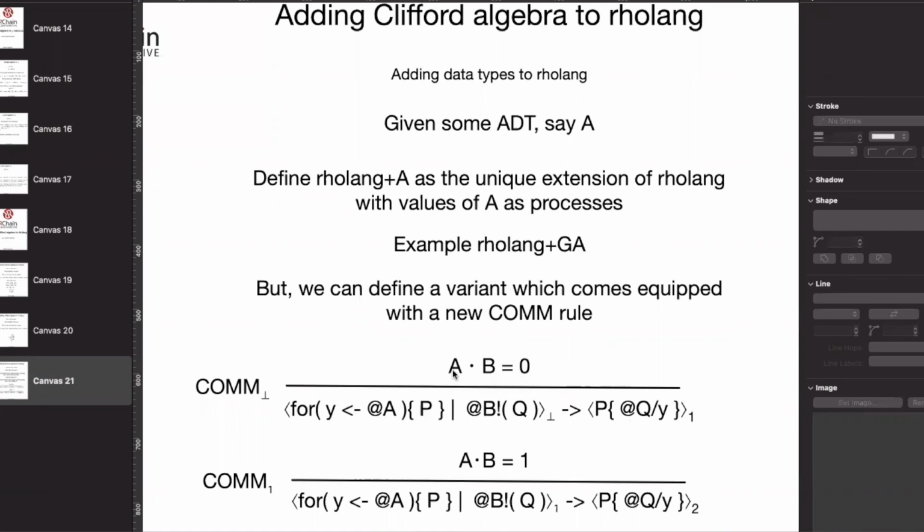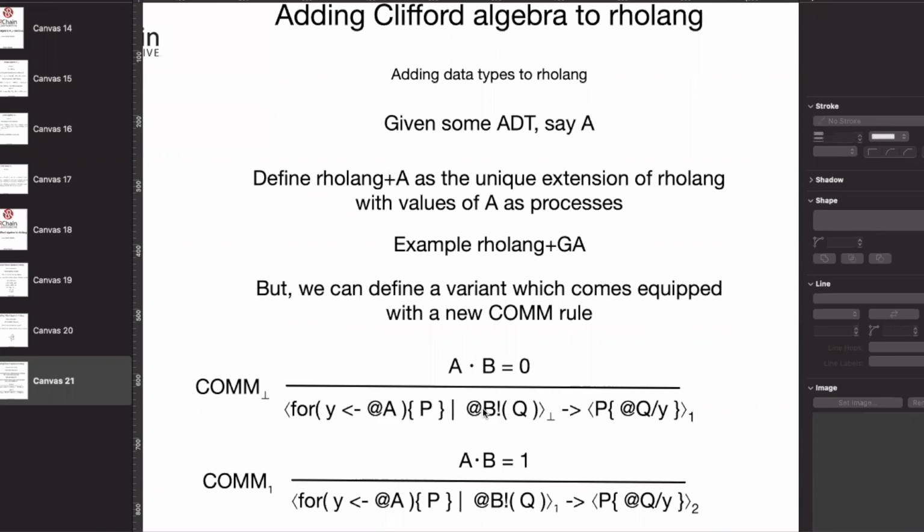And you can have the usual COM rule plus this COM rule, right? So you have the normal thing where you've got at P and at R, and that just does the usual things that rholang does. And then this is extra information, right? So the rholang engine has to go and check, all right, is this a geometric algebra value?